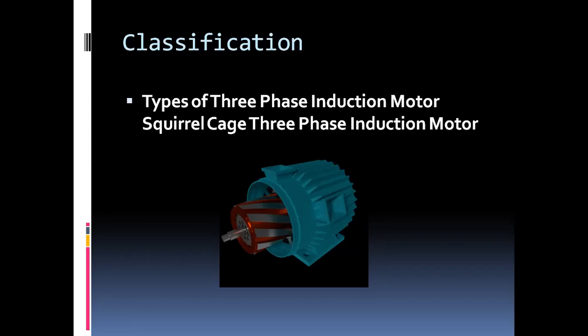One bar is placed in each slot. Rather, the bars are inserted from the end when semi-closed slots are used. The rotor bars are brazed or electrically welded to two heavy or stout short-circuiting end rings, thus giving us the picture called the squirrel cage construction.